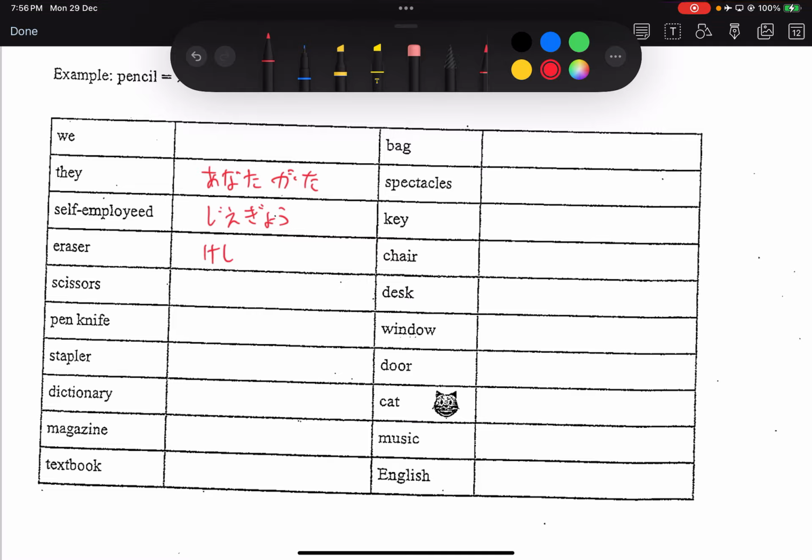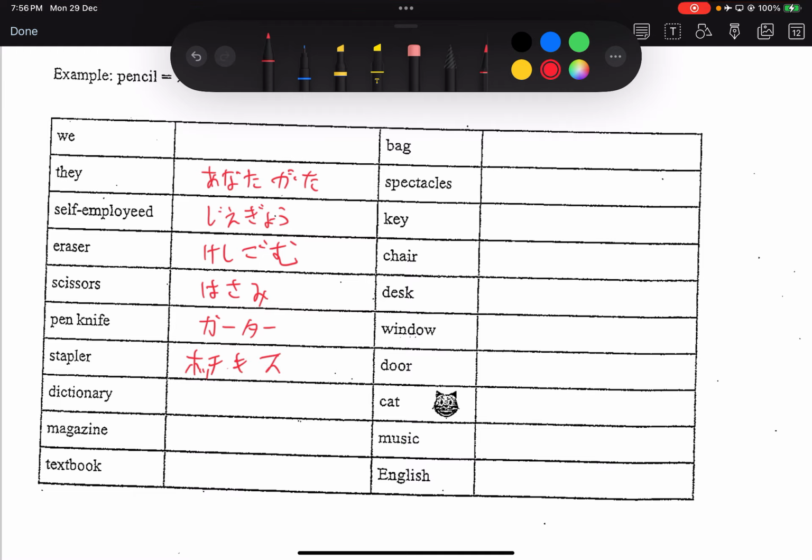Eraser: keshigomu. Very good. Scissors, we were just talking about it just now: hasami. Very good. Penknife: katana. Kata. Stapler: hochikisu. Very good. So this is key.